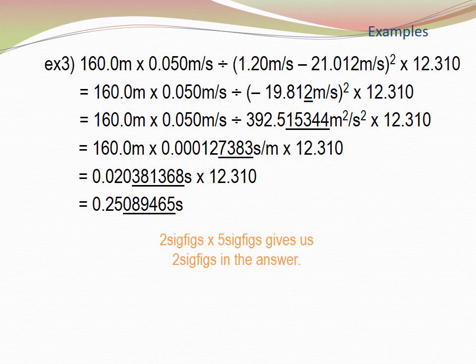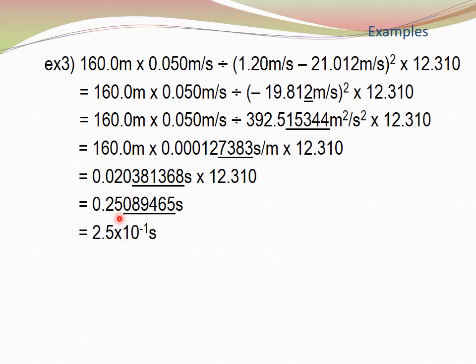I'm dropping 0.89465. So 0.25, since I'm dropping a 0, that's the nearest. That will give me 2.5 times 10 to the negative 1 seconds, or 0.25 seconds.